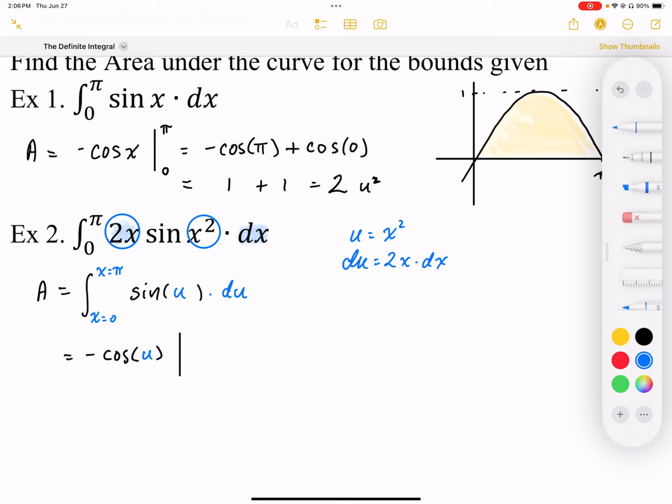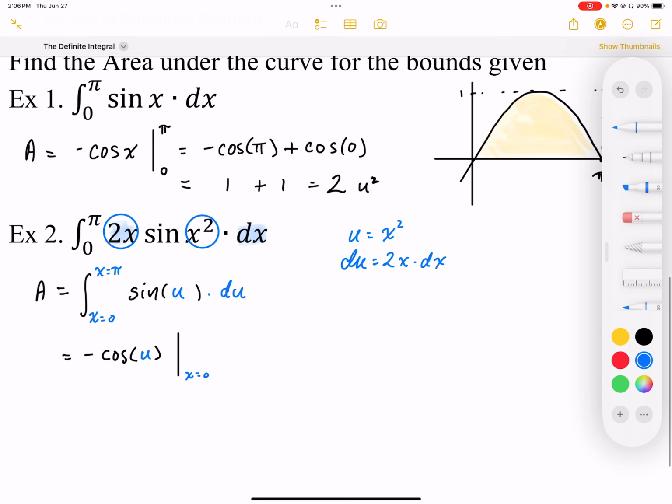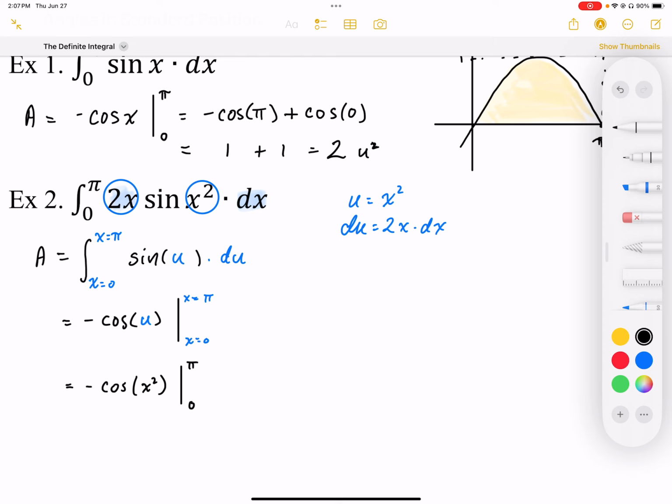Our bounds are going to be in terms of x, from x equals 0 to x equals pi. I'm going to change this back into x's. So cosine of x squared. And now for my bounds, I don't need to indicate that they're in terms of x because my variable is in terms of x.